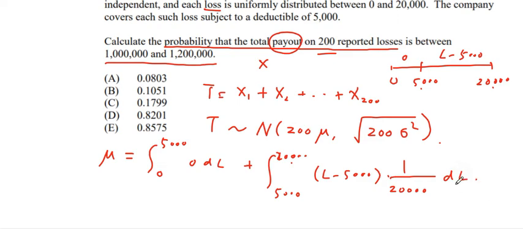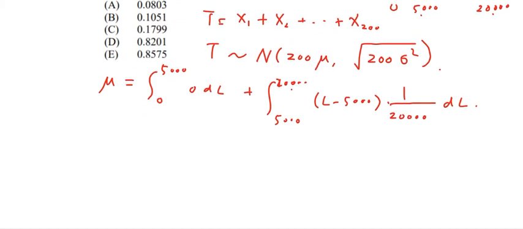So for this integration, we use substitution. Let L minus 5,000 equal T. So T goes from 0 to this, right? And then T dt.